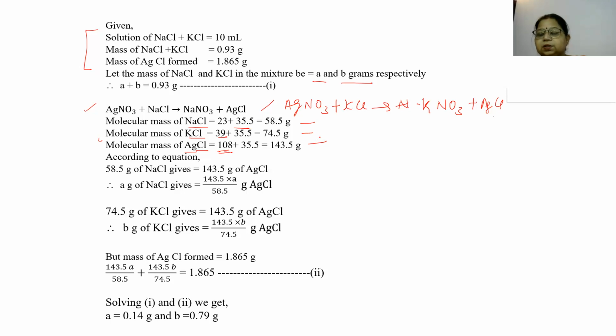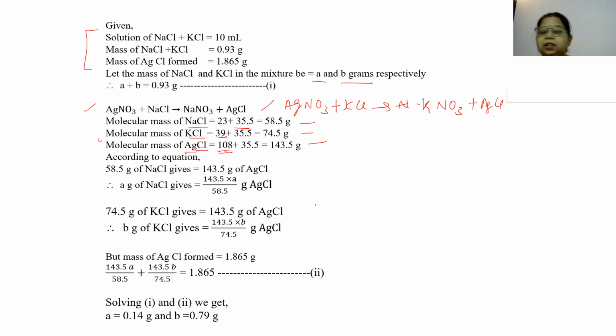Now, since we have to solve it on the basis of stoichiometry, that is, it involves the chemical reaction as well as the mole concept, according to the balanced chemical equation, you can see that 58.5 grams of sodium chloride gives 143.5 grams of silver chloride.